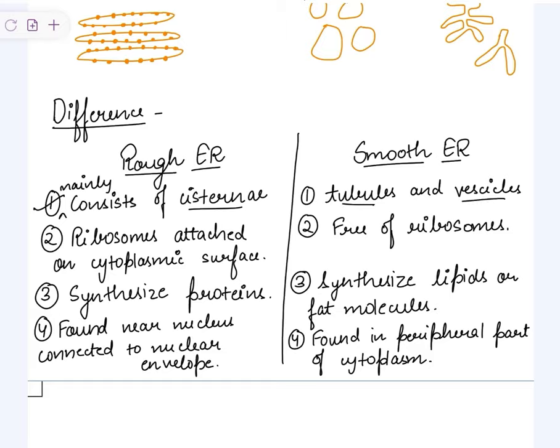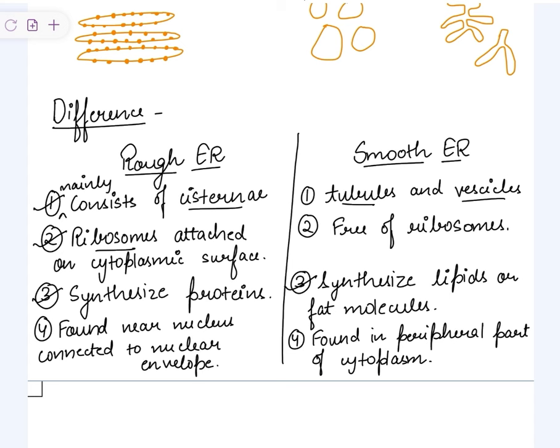In rough endoplasmic reticulum, ribosomes are attached on the cytoplasmic surface, but in SER ribosomes are not attached. RER synthesizes proteins because ribosomes are attached, and ribosomes are the site for protein formation. But SER, as we saw, synthesizes lipids and fat molecules.